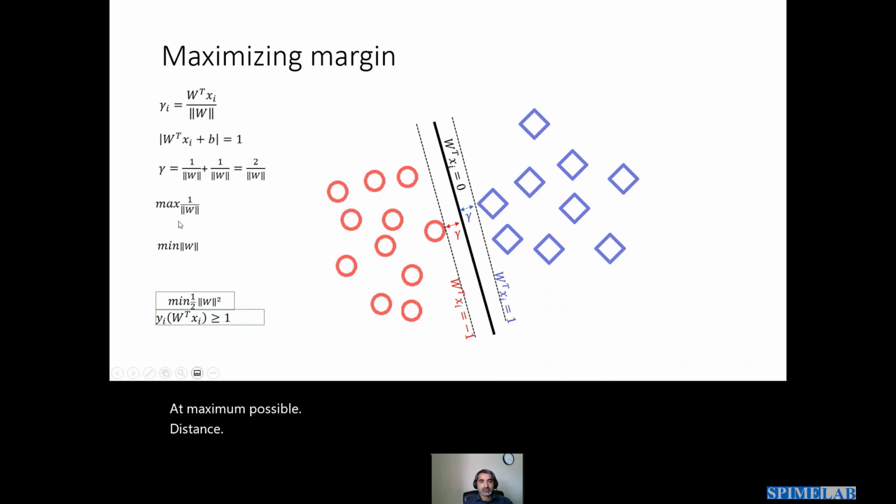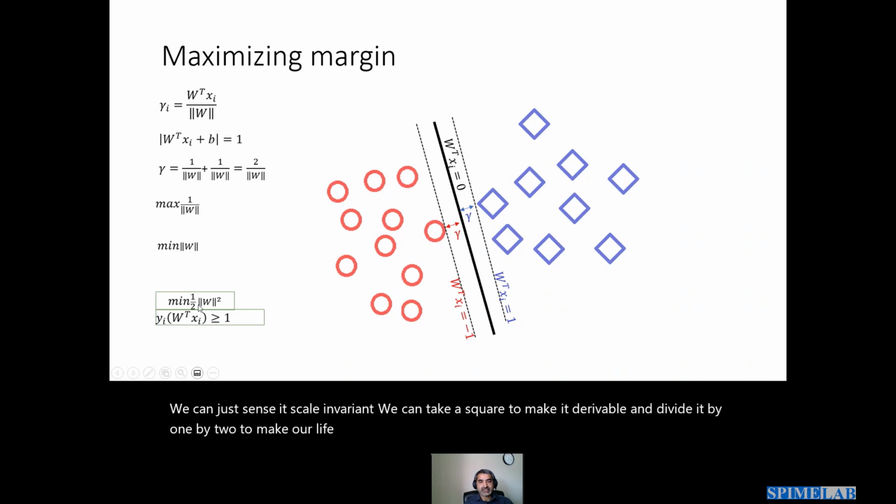And since it is 1 over L2 norm, if we want to look at it inversely, we will minimize L2 norm of W. So minimizing the norm of W, since it's scale invariant, we can take a square to make it differentiable and multiply by 1/2 to make our life easy.